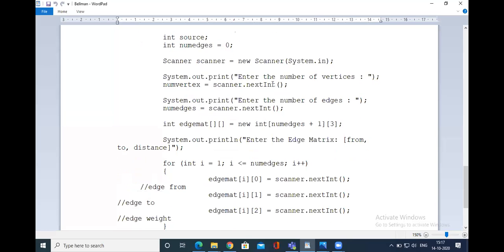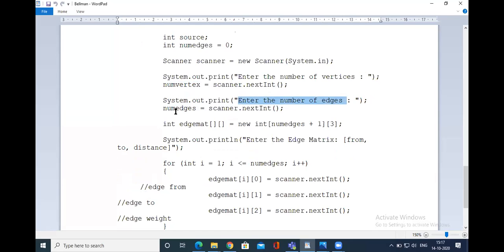Enter the number of vertices; that will be stored in num vertex. Then enter the number of edges. See, this is very important. We have an edge list, and this edge list will be relaxed n minus 1 number of times.